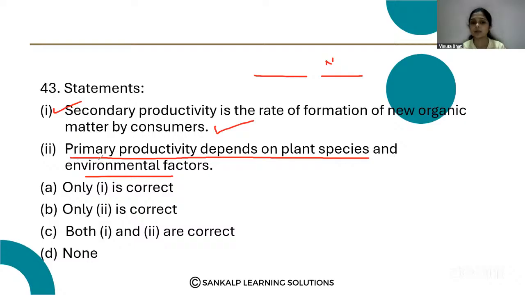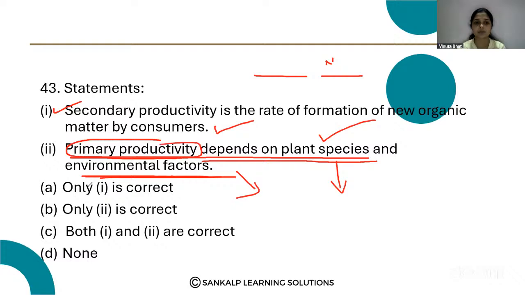Then, primary productivity depends on plant species and environmental factors. Primary productivity depends on the plant species. Yes, it depends on what kind of plant species it is, and likewise on environmental factors, which may be sunlight, temperature, or nutrients. So primary productivity depends on all of that. So, only 1 is correct, only 2 is correct, both 1 and 2 are correct, or none. So which is the correct option here?